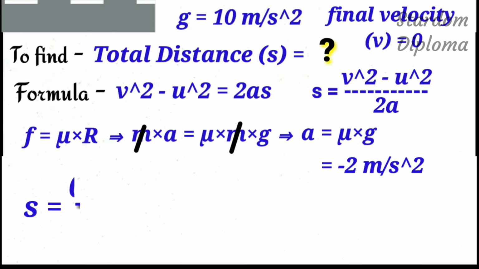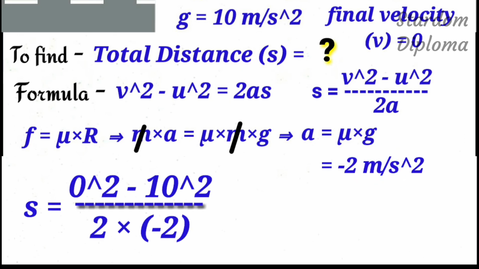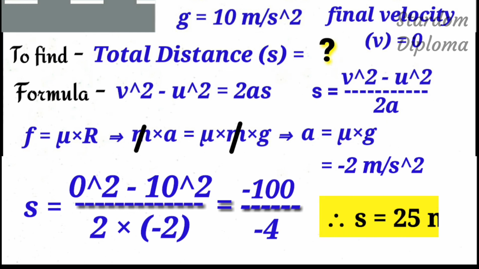So S is equal to 0 square minus 10 square divided by 2 into minus 2, which is equal to minus 100 divided by minus 4. Minus and minus get cancelled, and if we solve it, we get the displacement, that is 25 meters. So the distance travelled by the body before reaching rest is 25 meters.